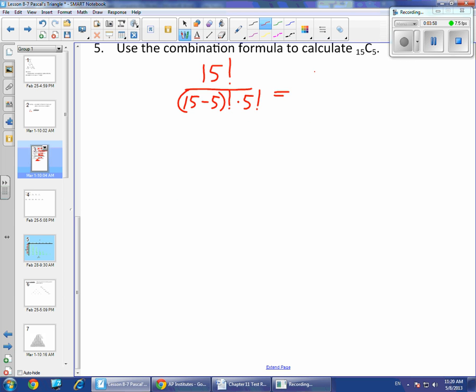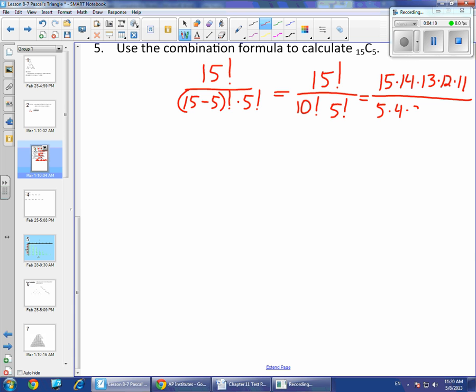This is 15 factorial over 10 factorial times 5 factorial. Now the 15 factorial and the 10 factorial reduce down to 15 times 14 times 13 times 12 times 11. Then the 5 factorial is just 5 times 4 times 3 times 2 times 1.